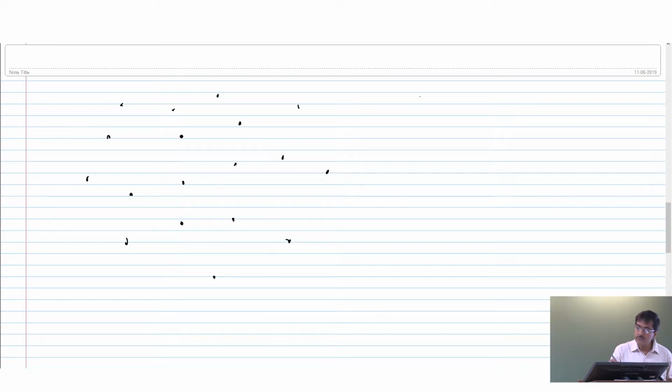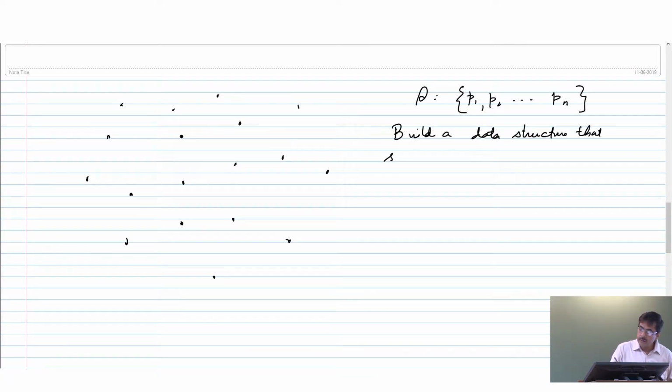So, suppose again this is a set of n points, and now I want to build a data structure that supports half-plane queries.